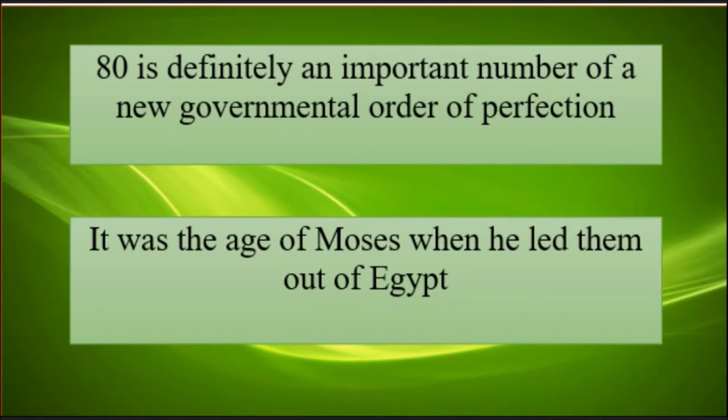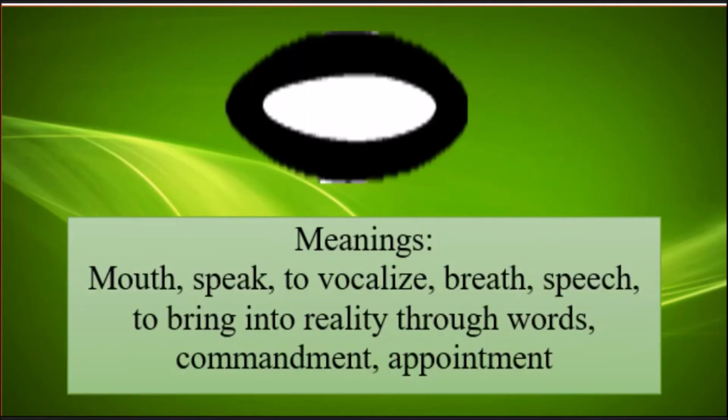It was the age of Moses when he led them out of Egypt. Isn't that interesting? We see the importance of the letter Pey, or the number 80.